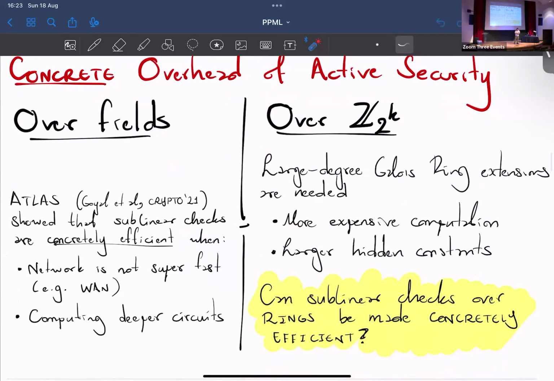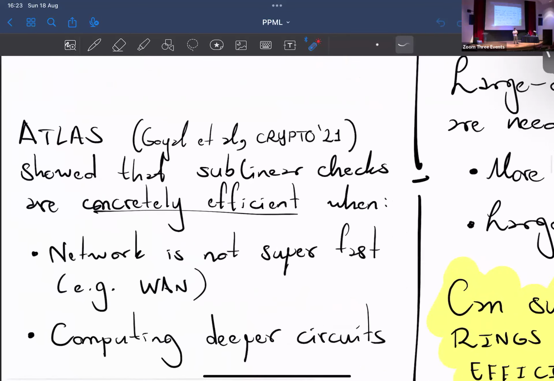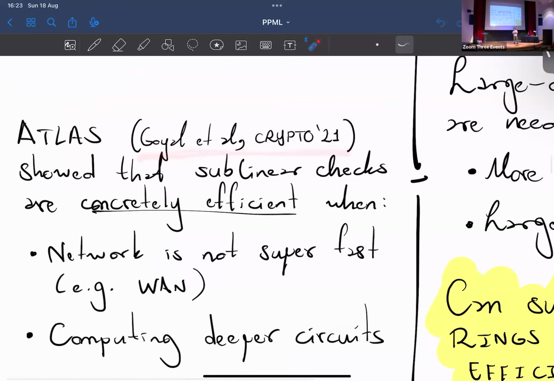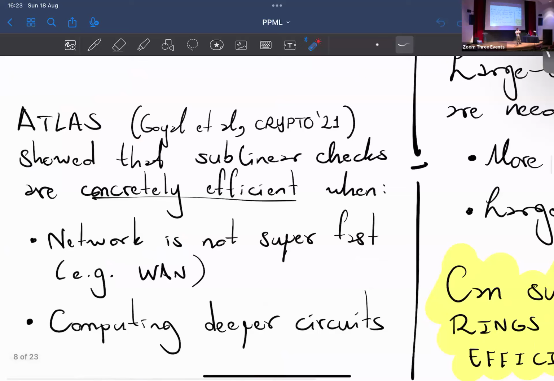So over fields, there was actually some prior work that has explored the efficiency in concrete settings. What's the concrete efficiency of active security? They actually implemented it and benchmarked these different protocols. And they found out that indeed these sublinear checks can help in certain conditions.